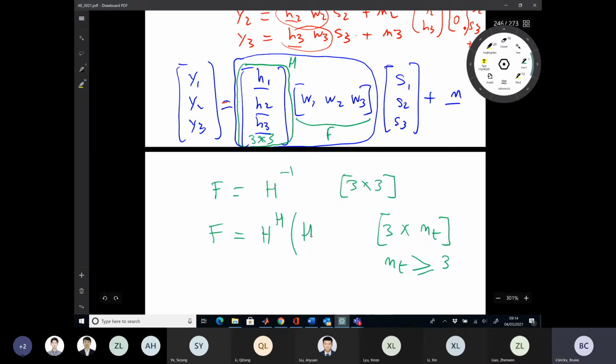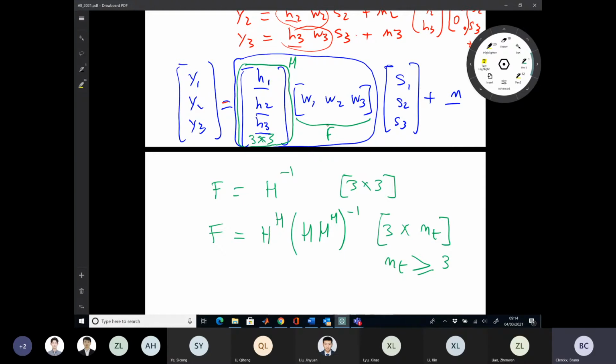I will multiply by Hermitian, and then I will do the inverse. If I replace F by this, this whole matrix here would be diagonal, and so we would force the interference to 0 at each of those receivers.